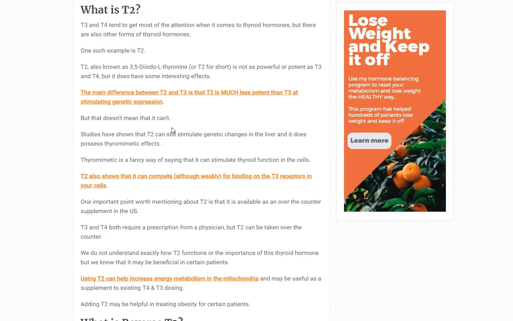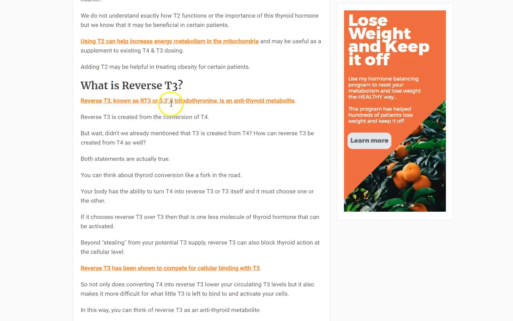Remember, if you have a normal thyroid, it's going to be producing T4, T3, and T2. All of these are going to be produced in your body, your body's going to be using them the way it's meant to, and everything will be good in terms of your metabolism. But if there are any issues, for instance, you have no thyroid, then how can you produce T2? You can't. So in that case, it may be beneficial to supplement with it. Hopefully that makes it a little more clear.